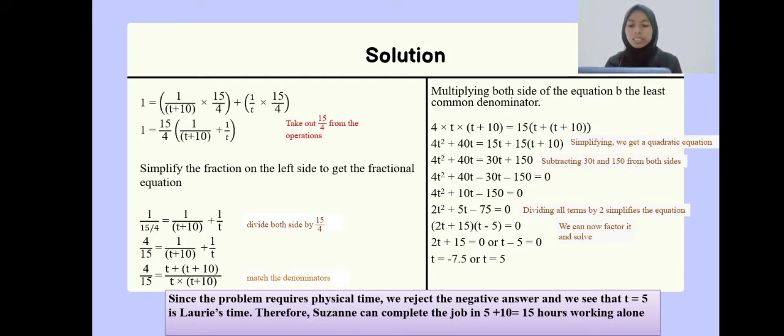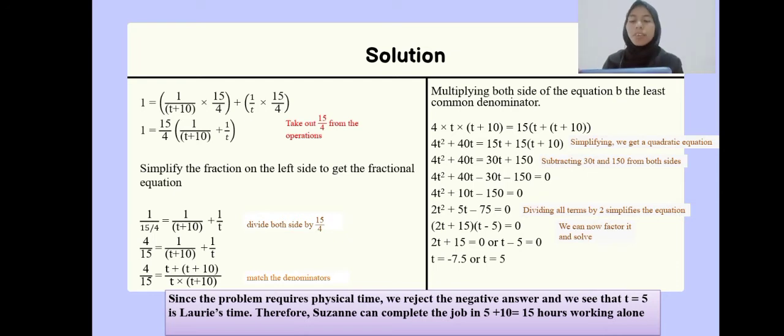If you ask where the 15 over 4 is on the left side, it's already gone because we already divided both sides by 15 over 4. So 1 divided by 15 over 4 is equal to 4 over 15. And 1 over t plus 10 is still the same, and 1 over t is also the same.